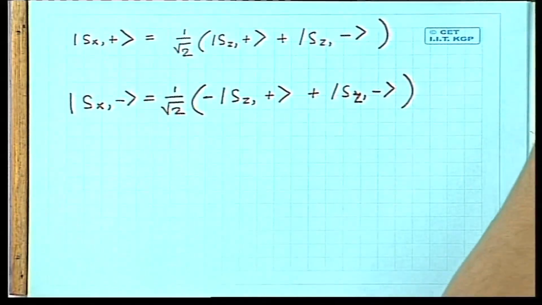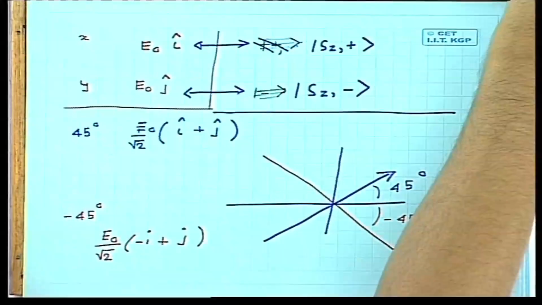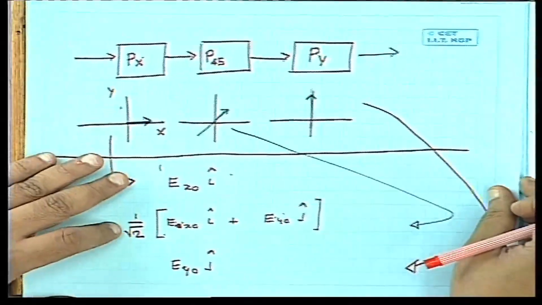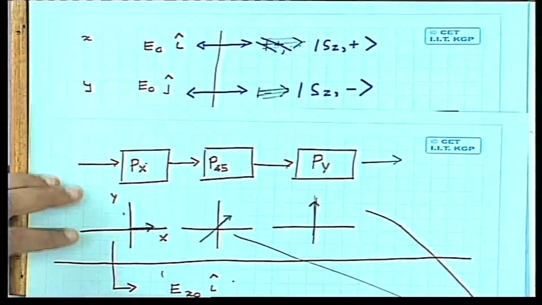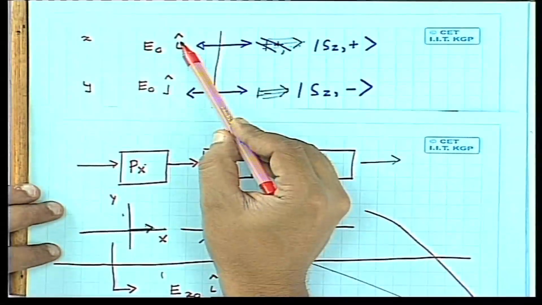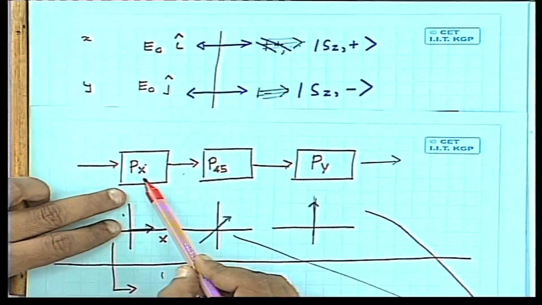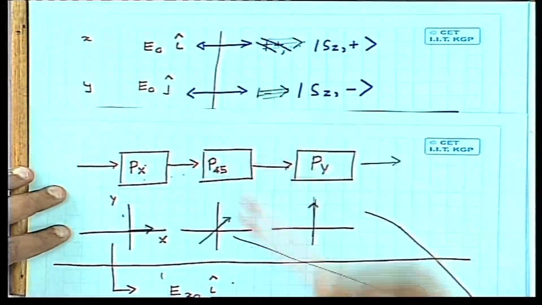Now let us see what is the significance of this. So let us analyze this experiment in terms of this. The electromagnetic wave is initially in this polarization state. After it comes out of this, it is polarized along the x-axis. So it is in this polarization state.